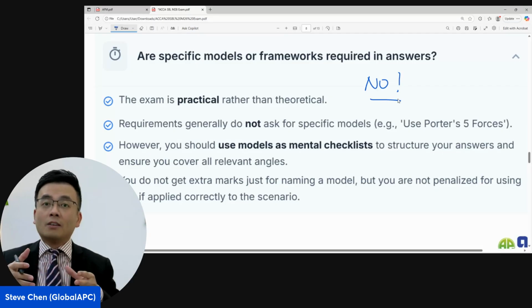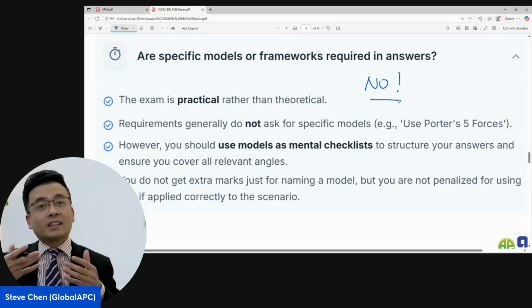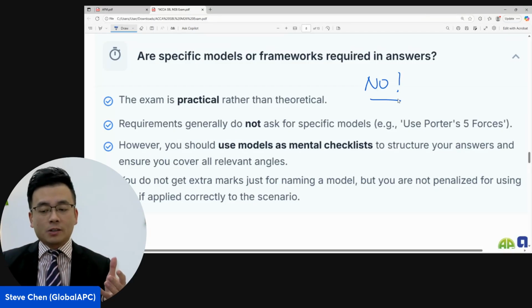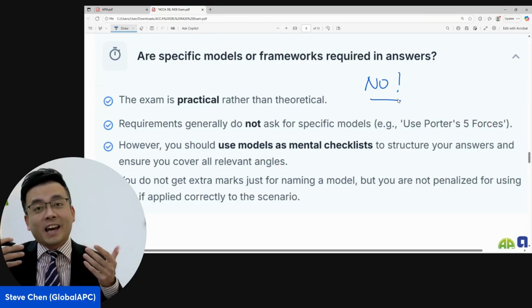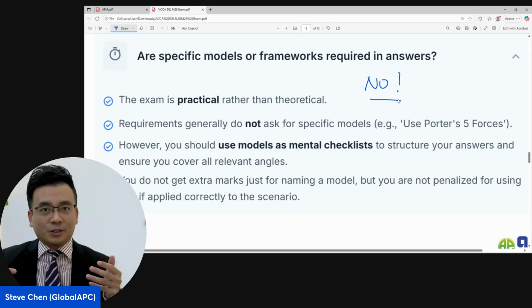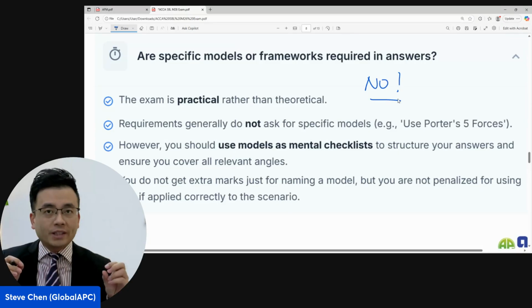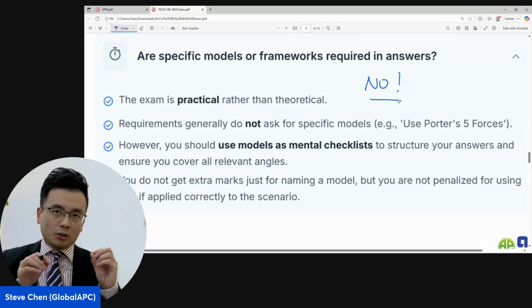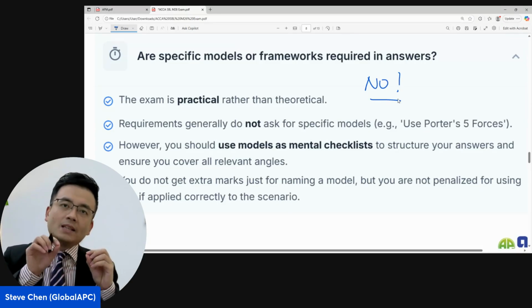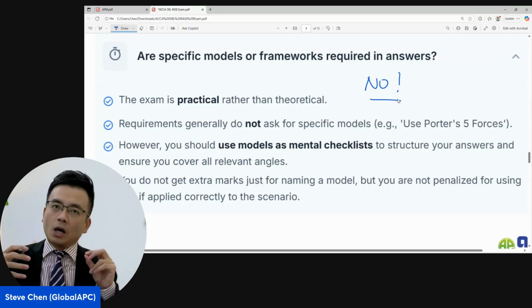But because their answers linked to the exhibit, they got very high technical marks, even though they got low professional skills marks, but who cares? So models are not important. What is more important is that you can twist the exhibit information in the way the requirement is asking you for.